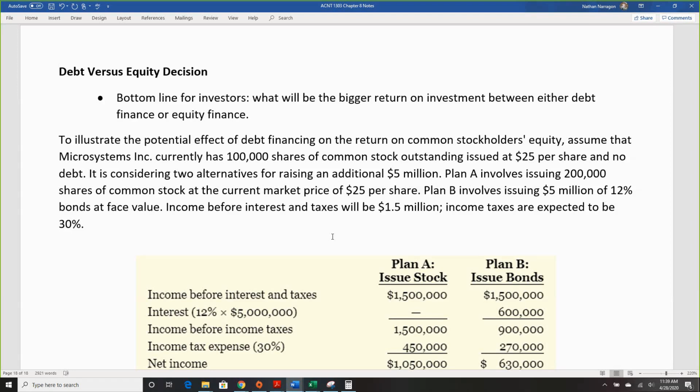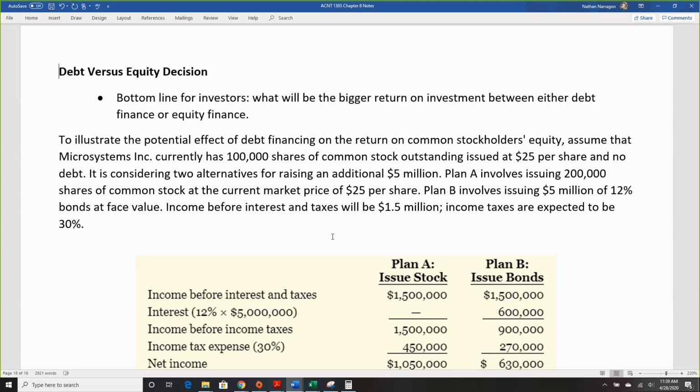It is considering two alternatives for raising an additional $5 million. Plan A involves issuing 200,000 shares of common stock at the current market price of $25 per share. Plan B involves issuing $5 million of 12% bonds at face value, and we're not dealing with premiums or discounts.